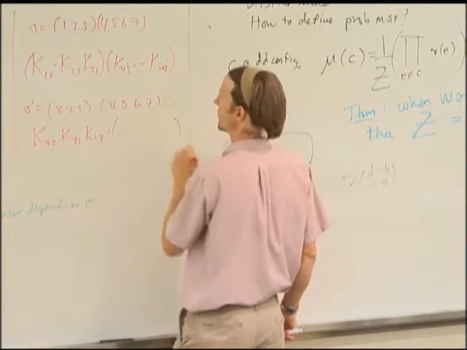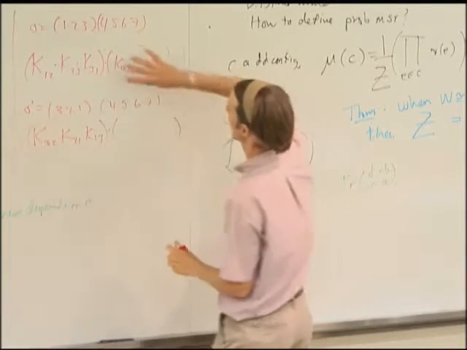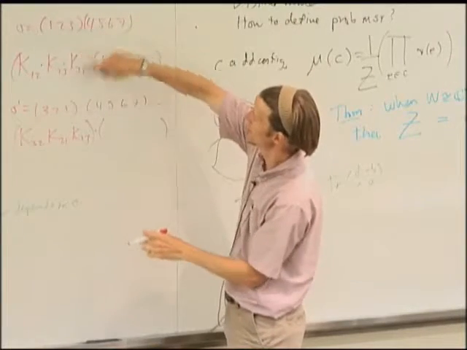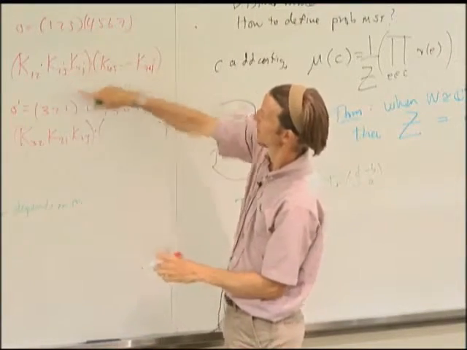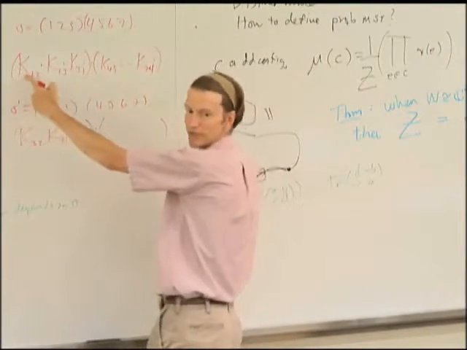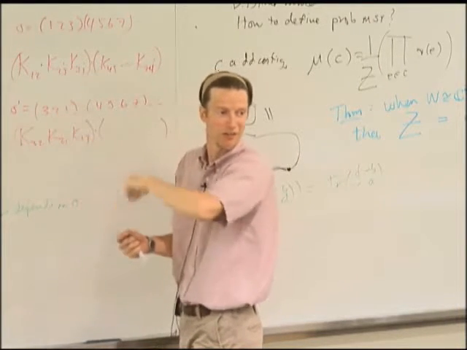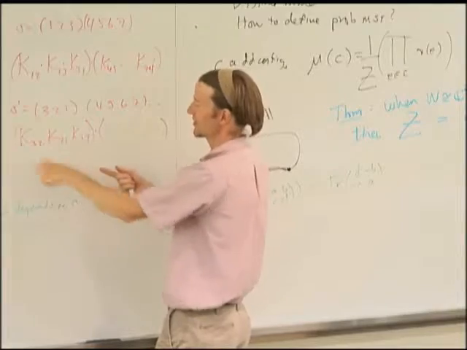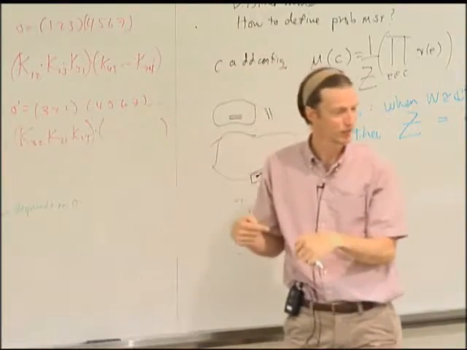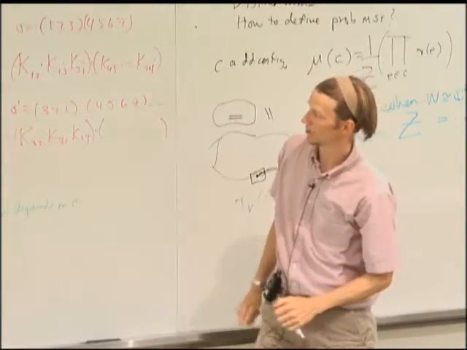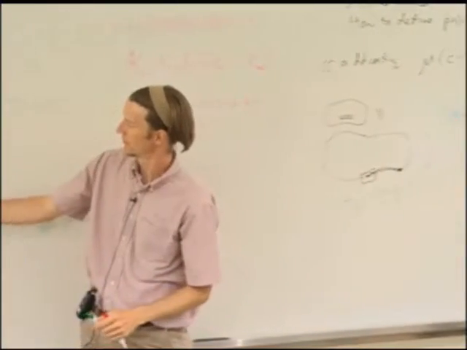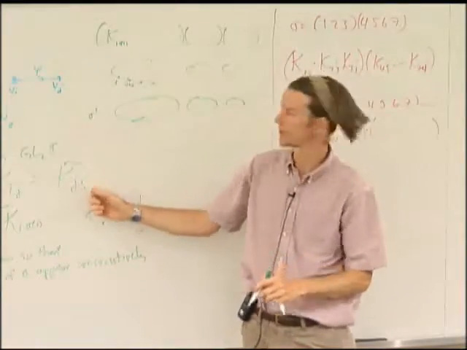Everything else stays the same, but these two are 2 by 2 matrices. What happens if I take the product in the reverse order? I get the dual matrix.